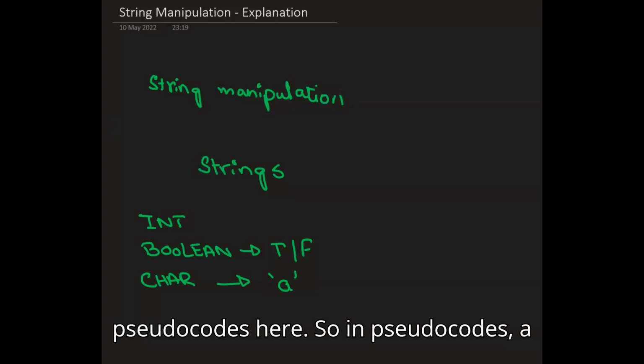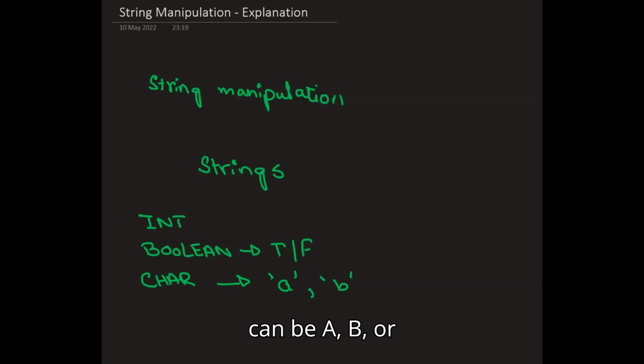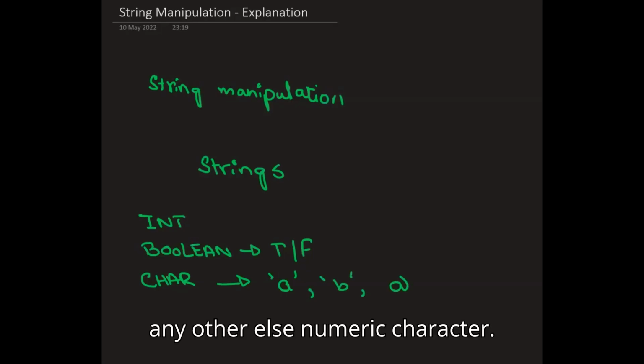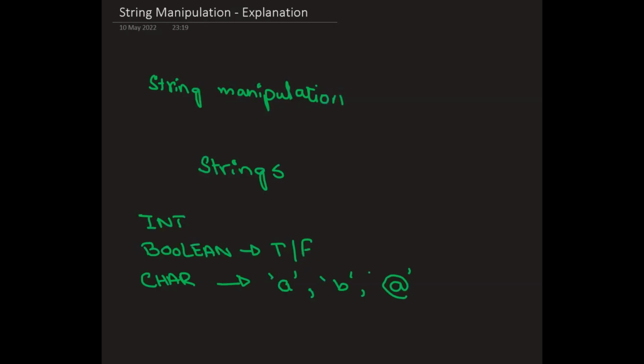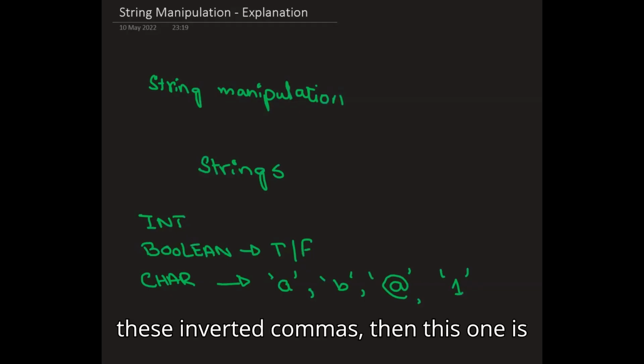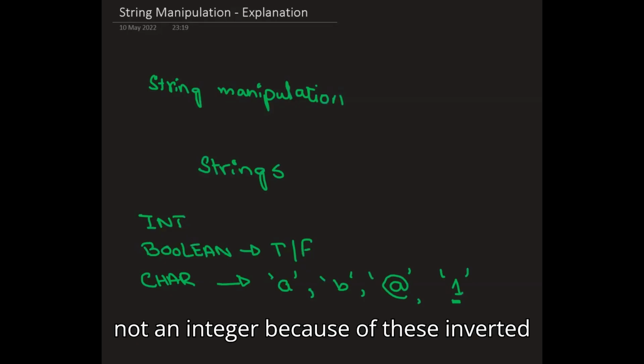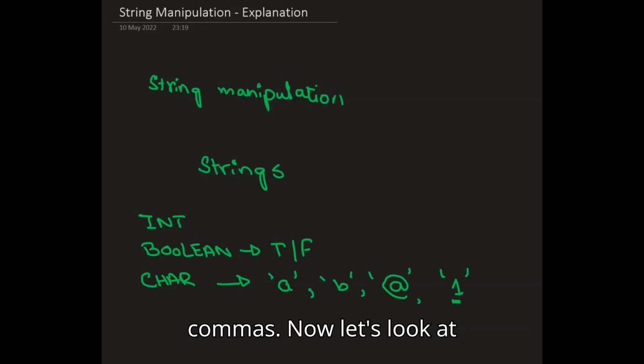So in pseudocode, a character is represented by single inverted commas. It can be A, B, or any other alphanumeric character. Even if I write 1 here with these inverted commas, it is going to be considered a character and not an integer because of these inverted commas.